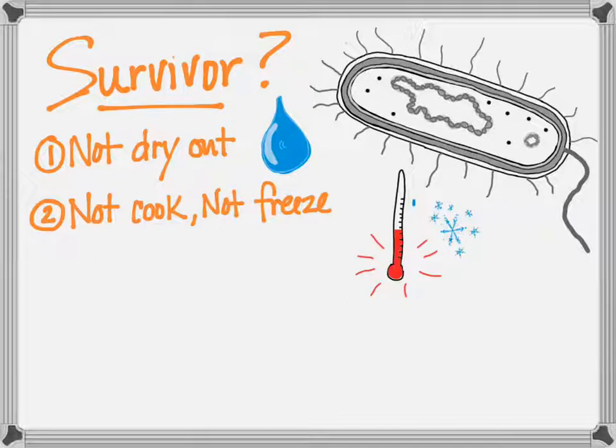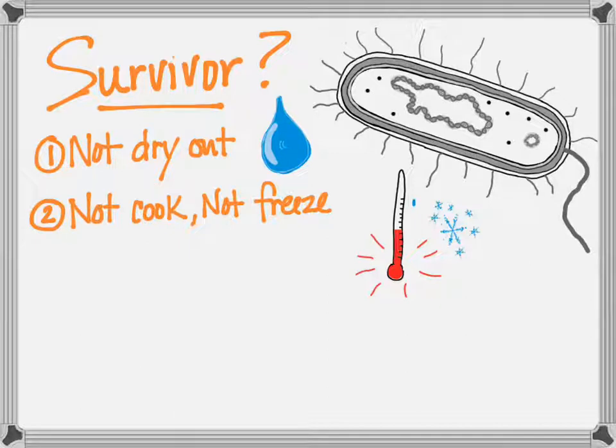They have to stay at a temperature that they can survive. You can't cook them, you can't freeze them. If they get too hot or too cold, well, they'll die. Bacteria are single-celled organisms. They don't have any way to control their temperature. So when the environment gets too hot, that's it. They're done.